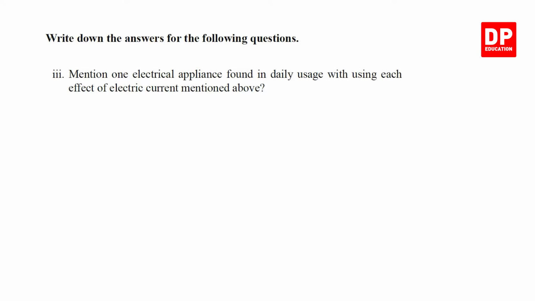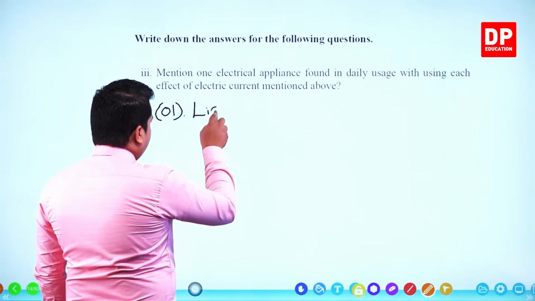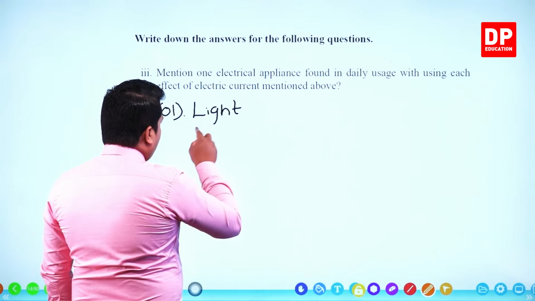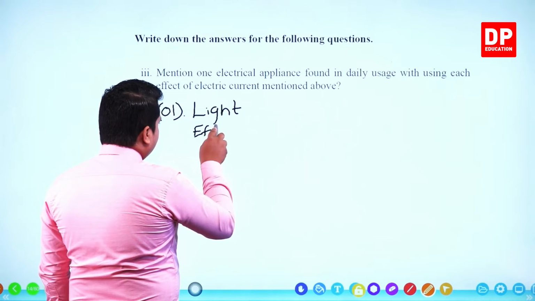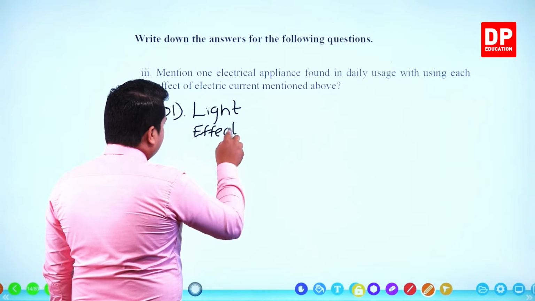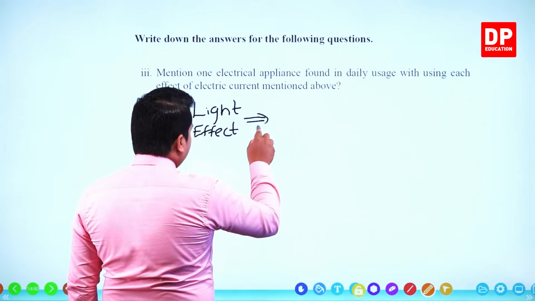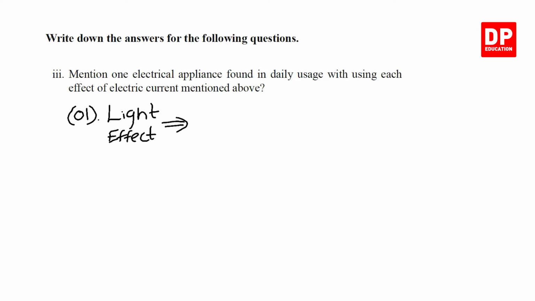Okay, so we'll write down number 1, light effect: light emitting diode, or in short form we can write LEDs.